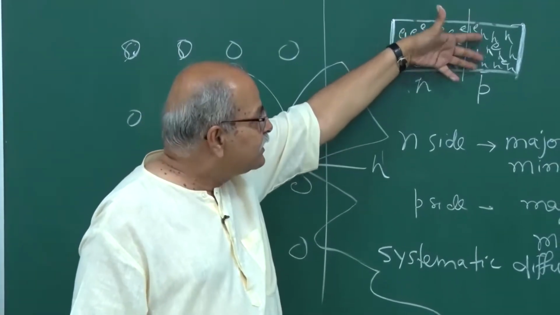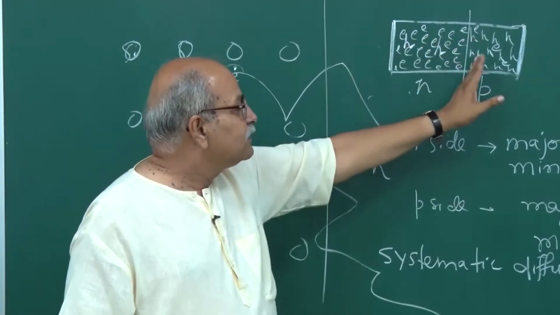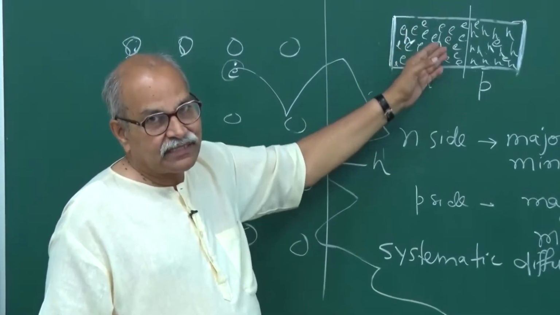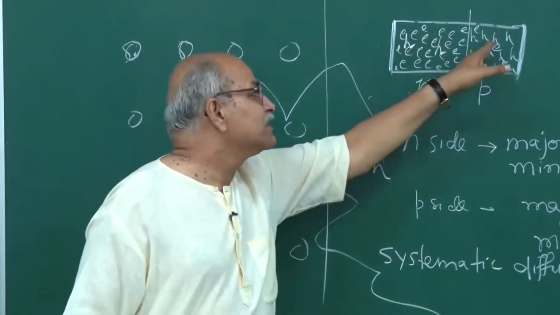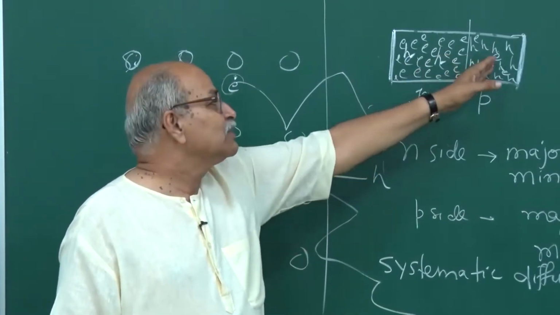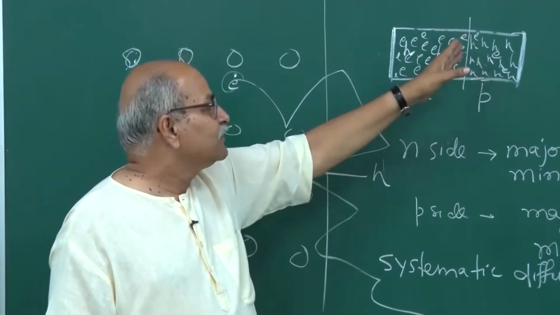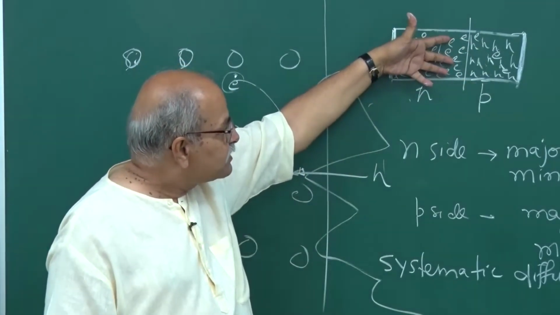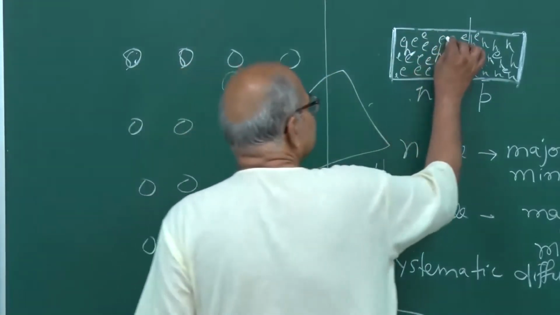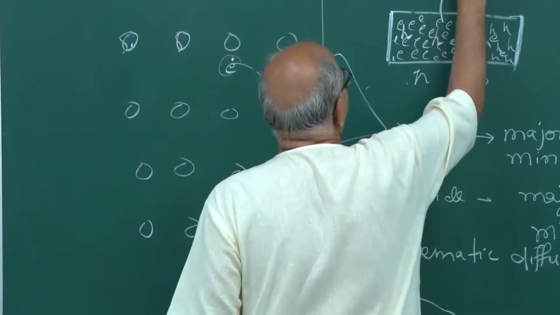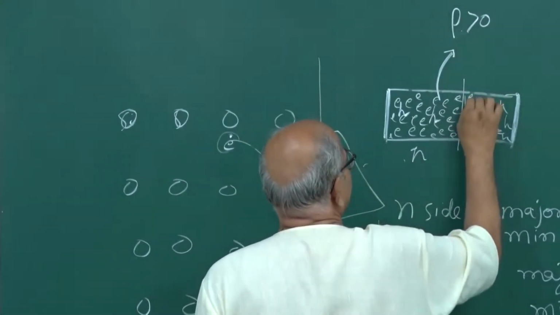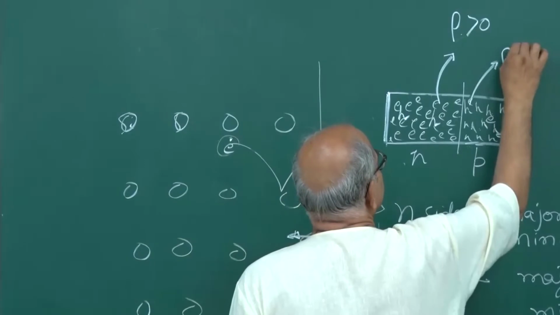They will create a negative charge density here, and the holes going from right to left will create a positive charge density here. Electrons leaving itself creates a positive charge density. So, both ways, holes coming from here, electrons going from here, you will have positive charge density on this side and negative charge density on this side. So, you have a charge appearing, rho which is positive here, and rho which is negative here.